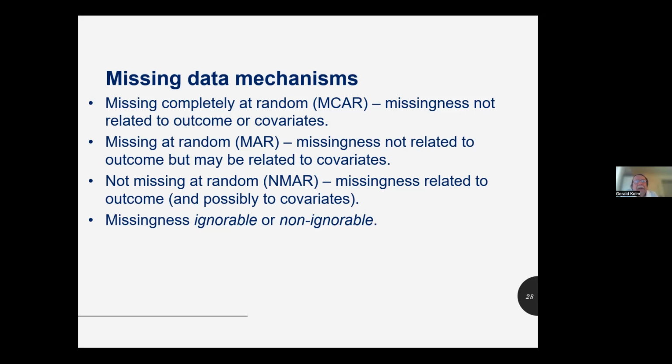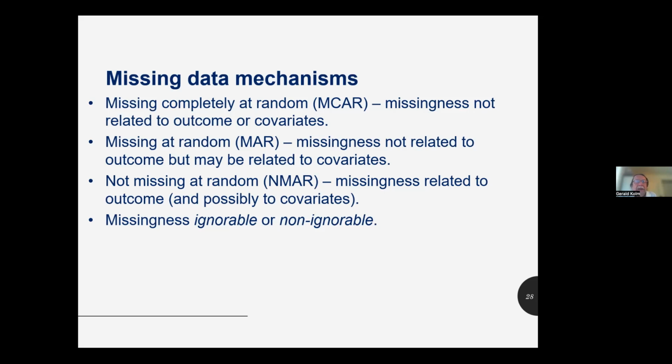Then the concept of missing at random means that the mechanism of missingness is not related to the outcome, but it might be related to the covariates. So for example, missing data might be related to age or gender or something like that.